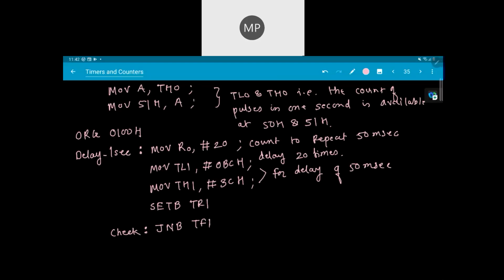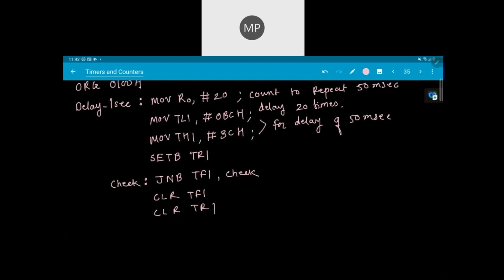Which bit will we be checking? TF1, and then we'll be jumping to check again, and this loop will continue unless TF1 is set. Once TF1 is set, we clear this TF1 and then clear TR1, and then we see whether R0 has come to 0 or not.